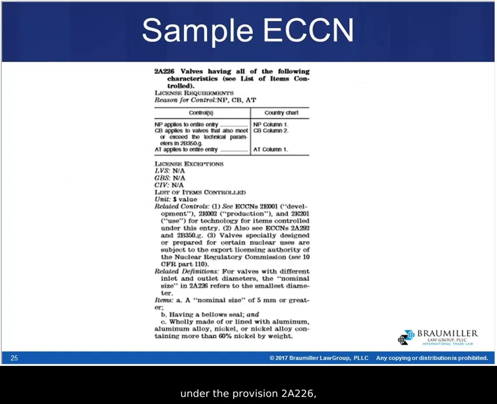And we see under the provision 2A226. So walking through that, the first 2 is the category, so that is under materials processing. So the A is either a system, equipment, or component.